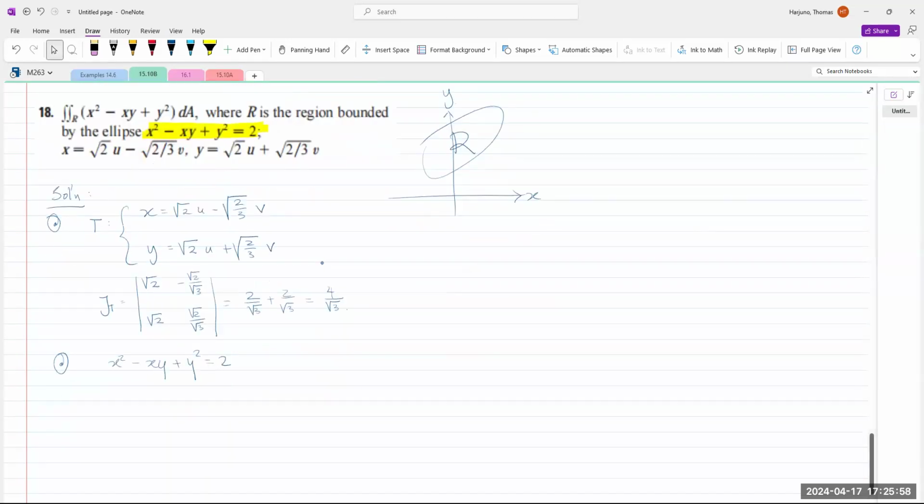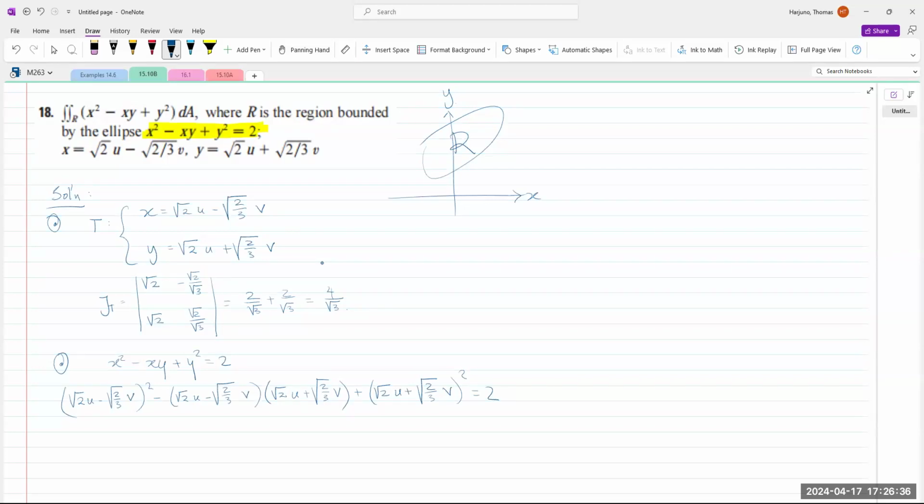If I do that kind of substitution, I will get square root of 2u minus square root of 2/3 v, squared, minus square root of 2u minus square root of 2/3 v, times square root of 2u plus square root of 2/3 v, plus square root of 2u plus square root of 2/3 v, squared, equals 2.